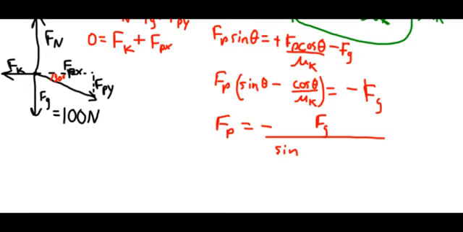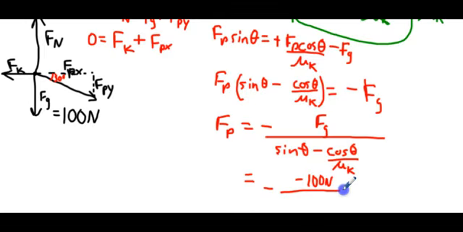I'm going to pause it while I'm writing the rest of it. Alright, and now I can go back and plug in the stuff that I know. So it's going to be the negative force of gravity. I'm going to call that a negative 100 because it's pointing down, and that's how I set up my coordinate system. So it's sine of theta, which is really 30 degrees.